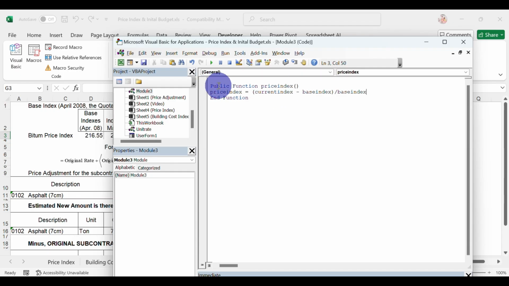And at this line I will have to input the arguments for this new function.